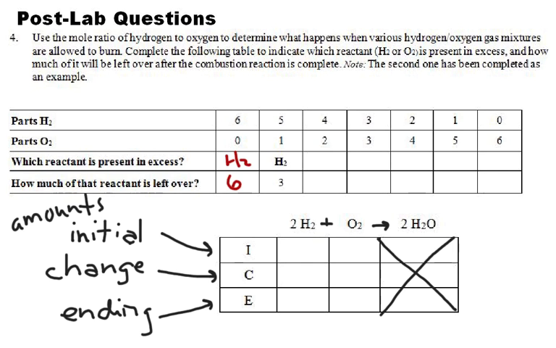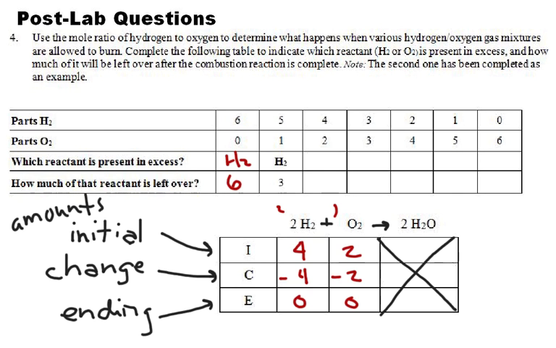Now, let's try the 4 and 2. So if I had 4 hydrogens and 2 oxygens, again, let's just say that the oxygen is getting used up totally. So we use up both of those, would be 0. Now, since 1 is to 2 as 2 is to 4, we can see that all of the hydrogen is going to get used up as well.